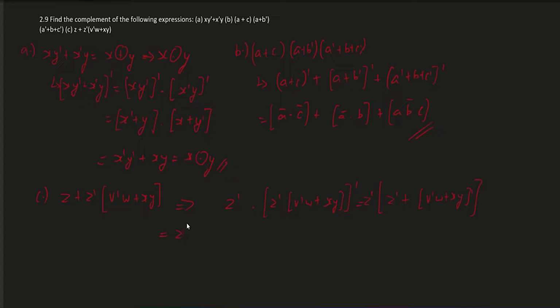Taking it again, z bar into z bar plus b bar w whole bar multiplied by xy the whole bar. Again taking De Morgan's theorem, we'll have z bar into z bar plus b bar, sorry, it will be b into b plus w bar multiplied by x bar plus y bar. So this will be the final answer.